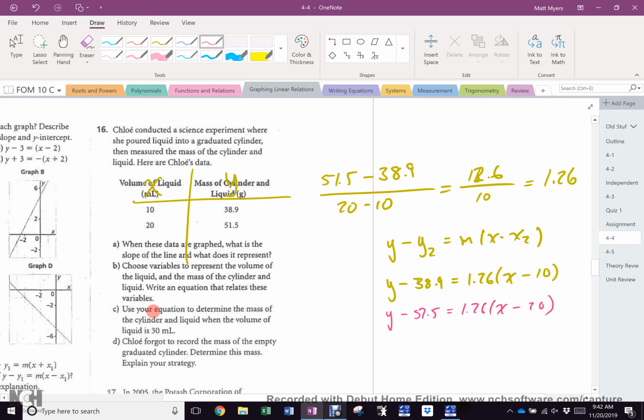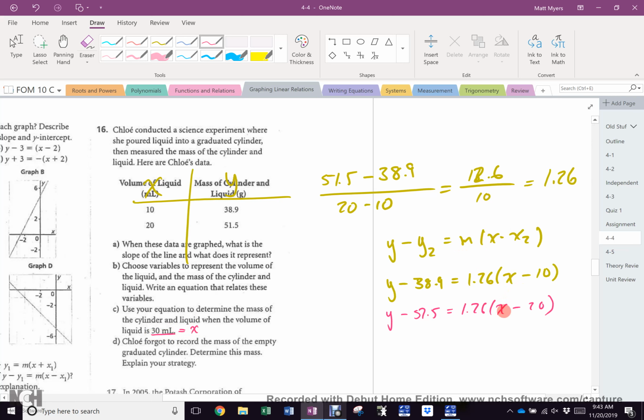Now, use your equation to determine the mass of the cylinder and liquid when the volume is 30. Which is volume, x or y? X is 30. So now volume is 30. So 30 equals what? X. What do I see right there?